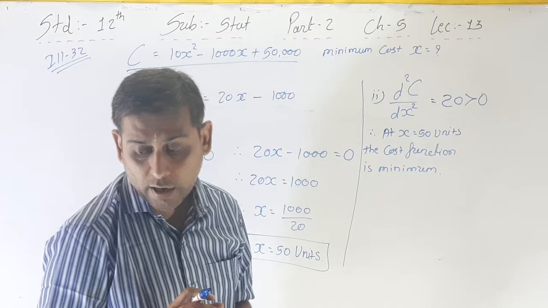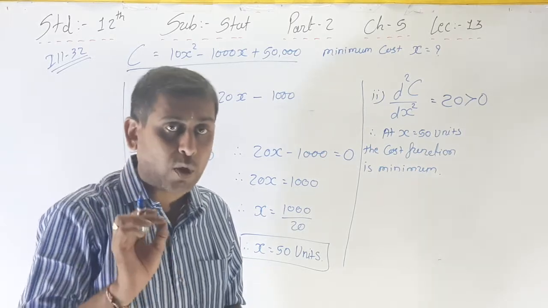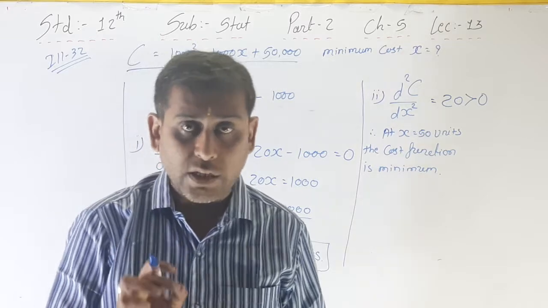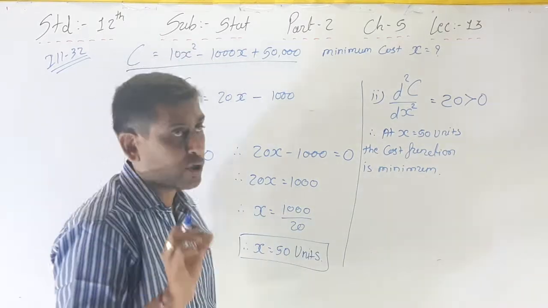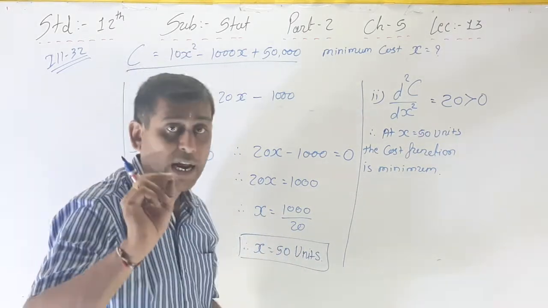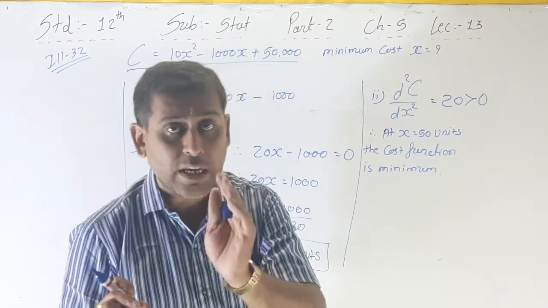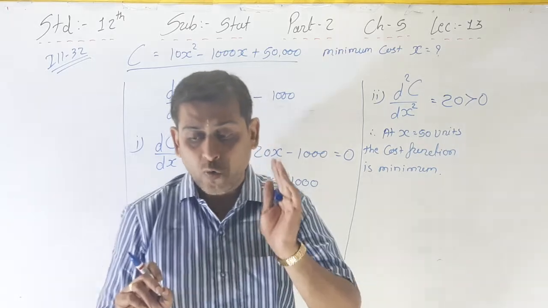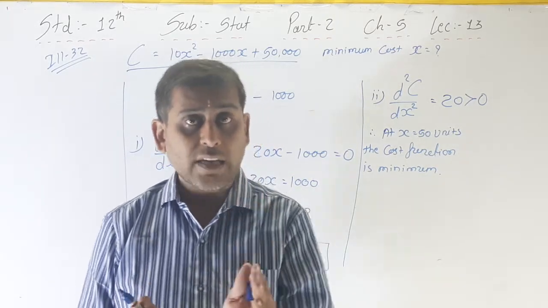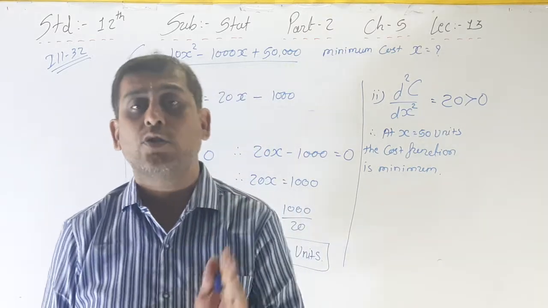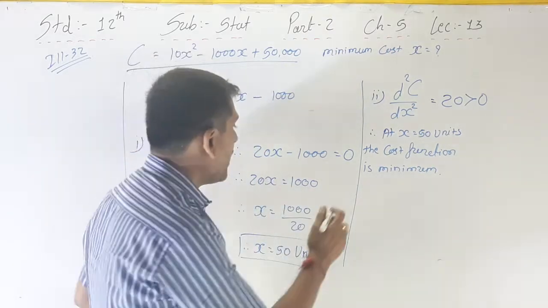To find out the minimum cost you have to write down this particular line: put x equal to 50 in the production cost function. I have no space, that's why I am not writing it. Please write down that to find out the minimum cost, put x equal to 50 into the production cost function.